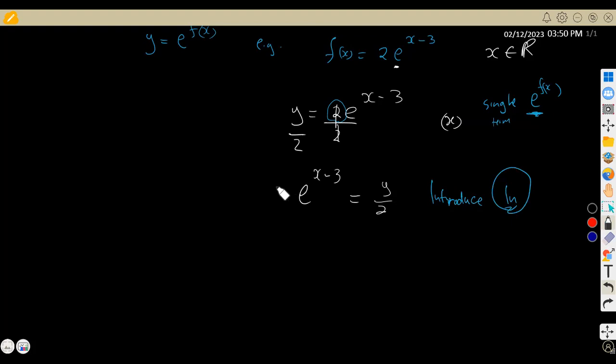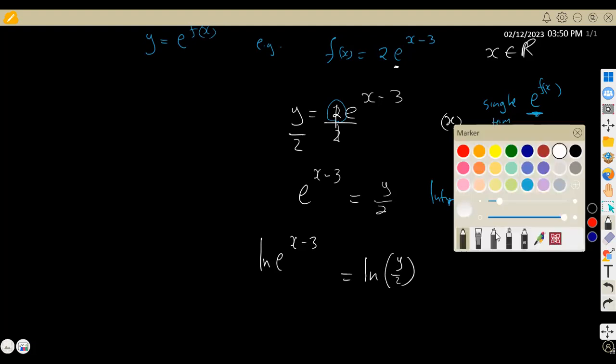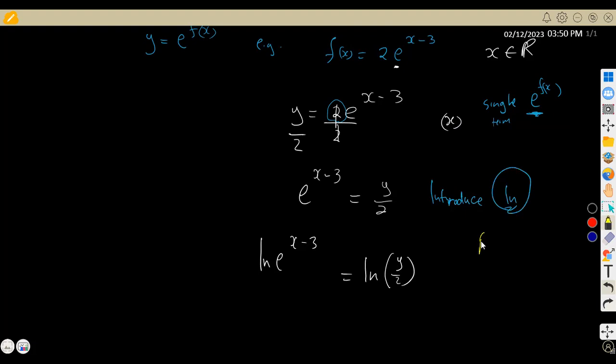We are going to have this as ln both sides. So it is going to be ln e to the exponent of x minus 3 is equal to ln of y over 2 like this. Knowing that from our laws of logarithms, p log m is equal to log m to the exponent of p, and ln is same as log.